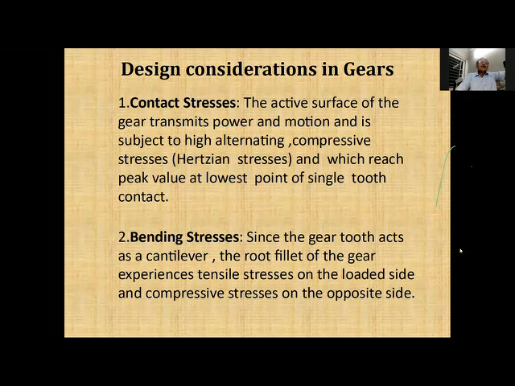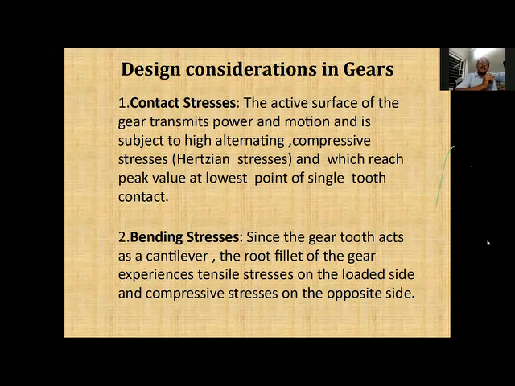Because of this concentration of the stresses at two major points, there are two considerations in the design of gears. Number one is the contact stresses, because although on the gear tooth surface you will find a sort of elliptical contact pattern, while it is in actual operation, every thin line is a line of contact.